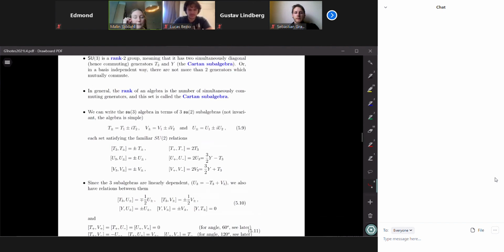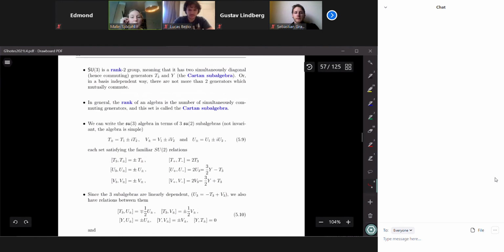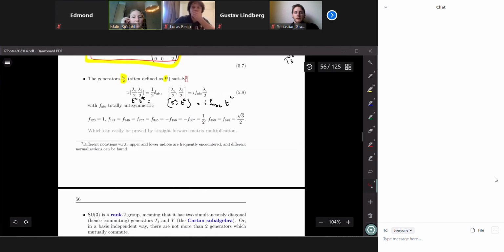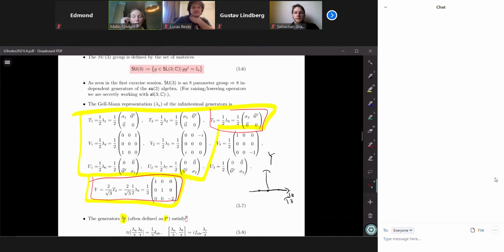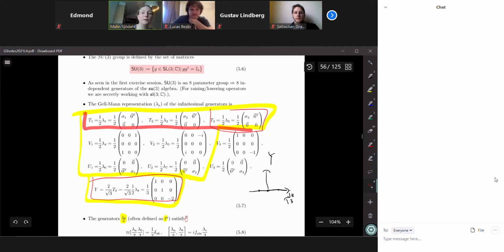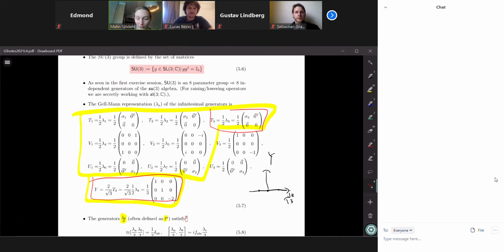Okay, so now if we go back and take a look at the matrices called T, V, and U. So we are then using all these matrices here. They are all our T matrices and they have sigmas in the 1, 2 components.